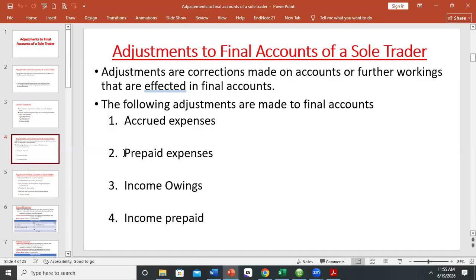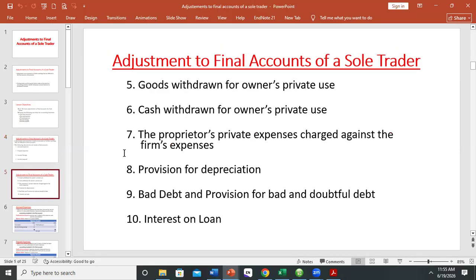So the first one is accrued expenses. I'm sure you have heard these things because during the phase of the balance sheets, I mentioned a few of them. Accrued expenses, prepaid expenses, income owings, income prepaid. Then we have goods withdrawn for owner's private use, cash withdrawn for owner's private use, the proprietor's private expense charged against the firm's expense.